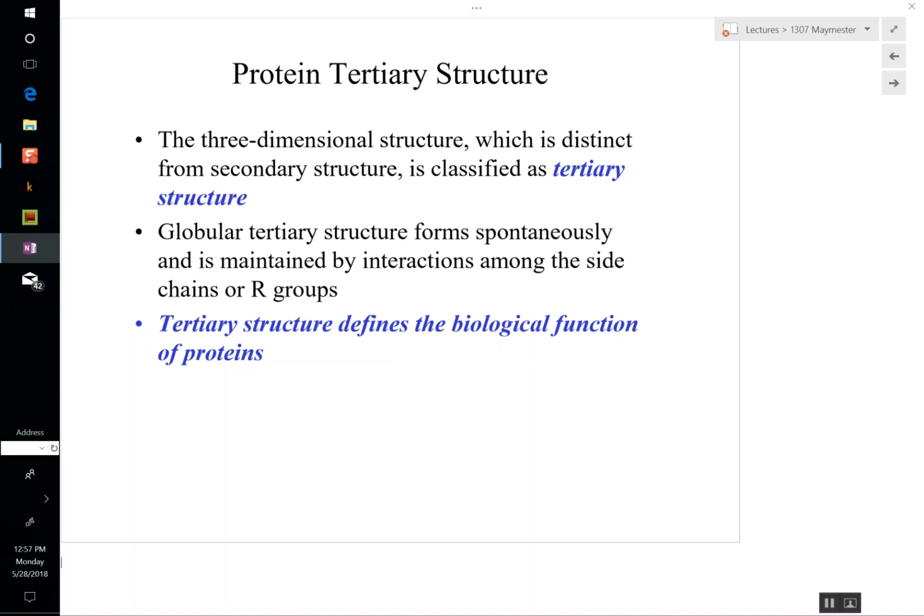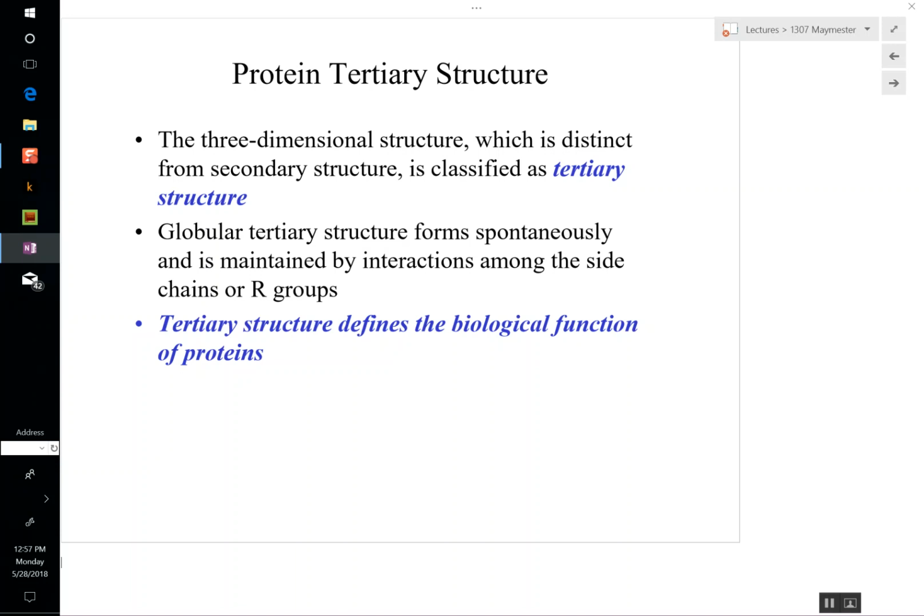And the structure of the key is essential to its function, right? This key opens that door. Not many other keys will do it. It has to have this structure to fit in that lock and turn that lock. So the structure is an integral part of its function.